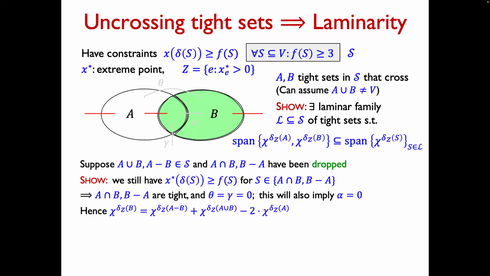So can you repeat why three of those things couldn't hold? Because f of A plus f of B is at least 6, and anything that's dropped has value at most 2. And we have that f of A plus f of B is at most f of A intersect B plus f of A union B, and the same thing for the set differences.